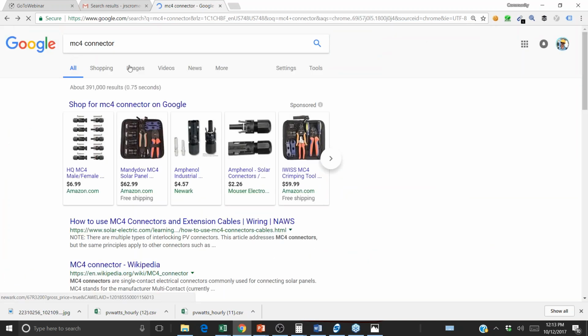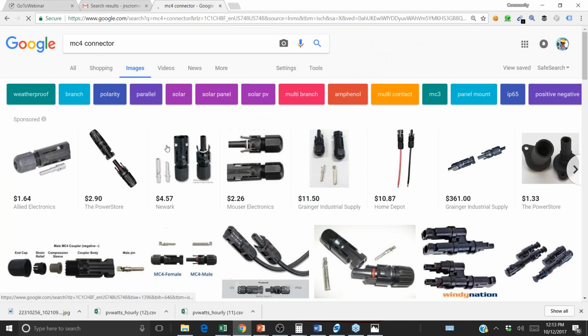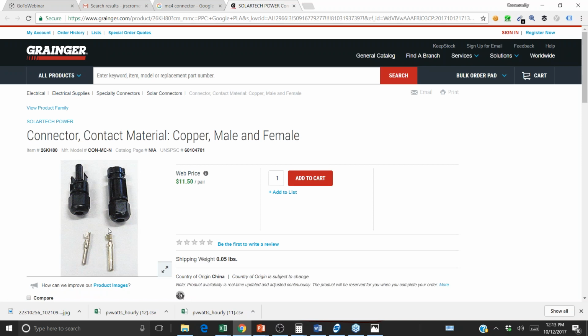We'll probably be able to see it here. It's a standard connector, but there are nuances that are different.